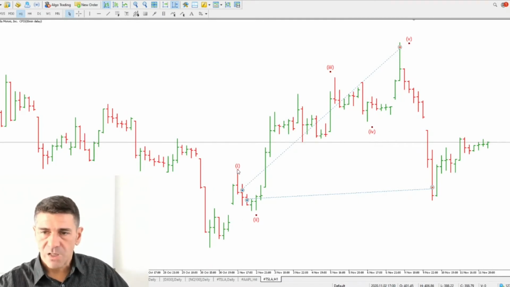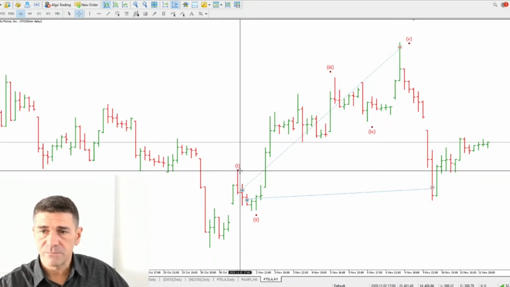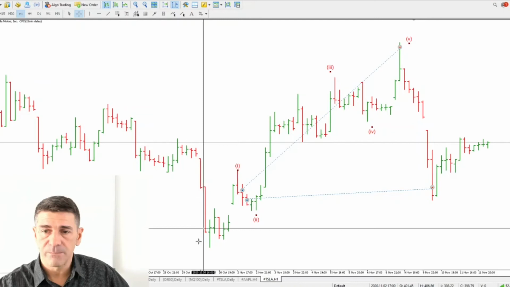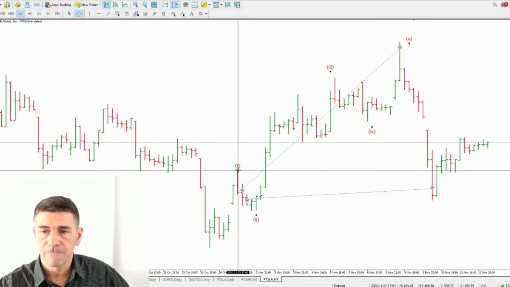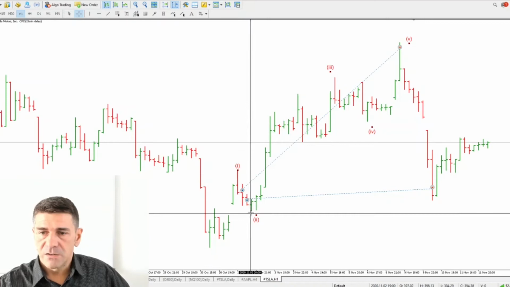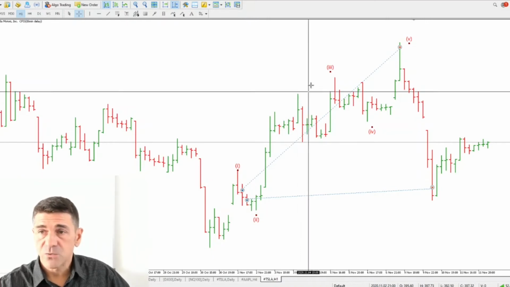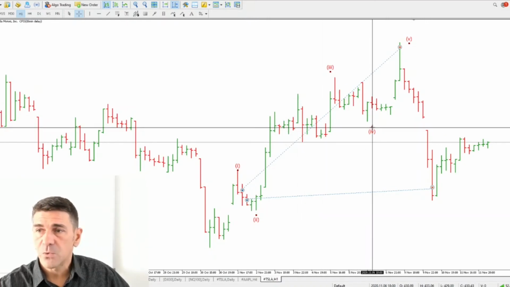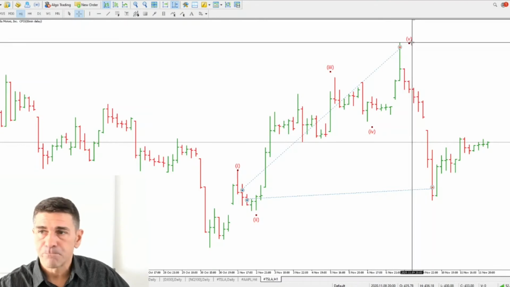Okay, here is the first wave. Right after the bottom was registered, the top of the first wave was at $406. Then we got the second wave, third wave, fourth wave, and the fifth wave.